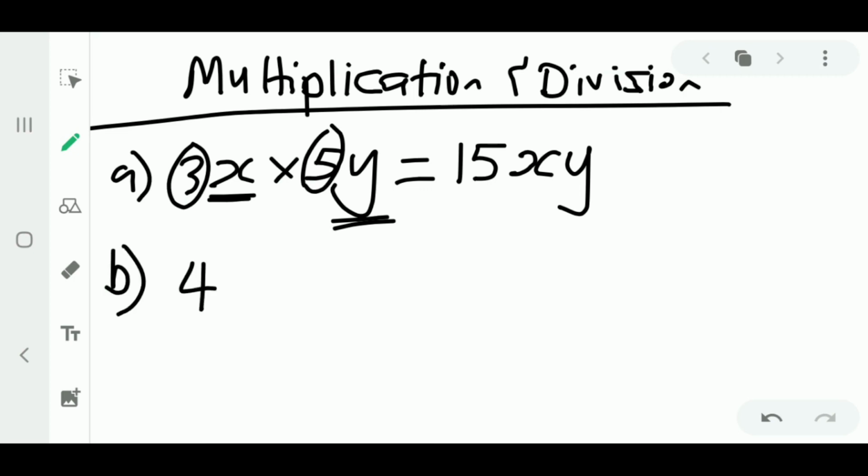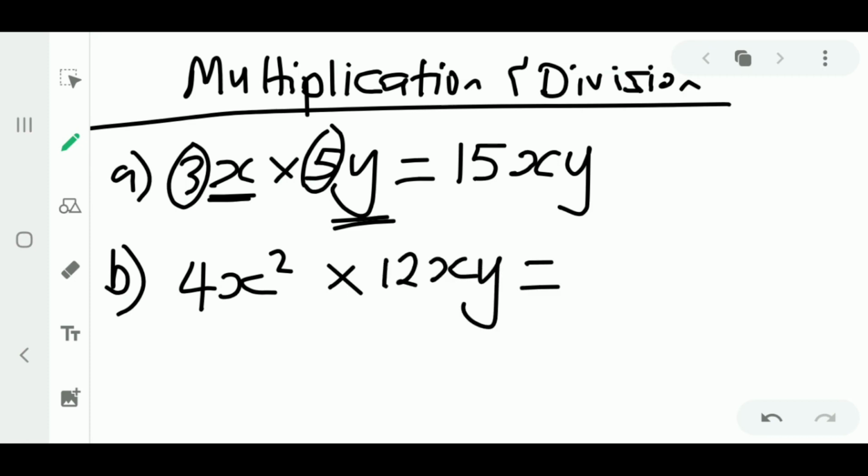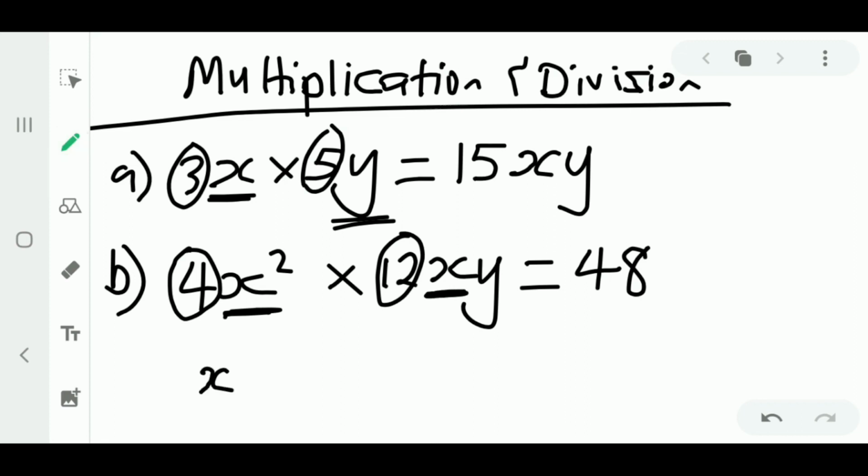Let's say we have 4x squared times 12xy. First things first, we multiply the coefficients. 4 times 12 gives you 48. Now, we look and realize that there's an x here and there's x here. Now, when you are multiplying, it's x squared times x.